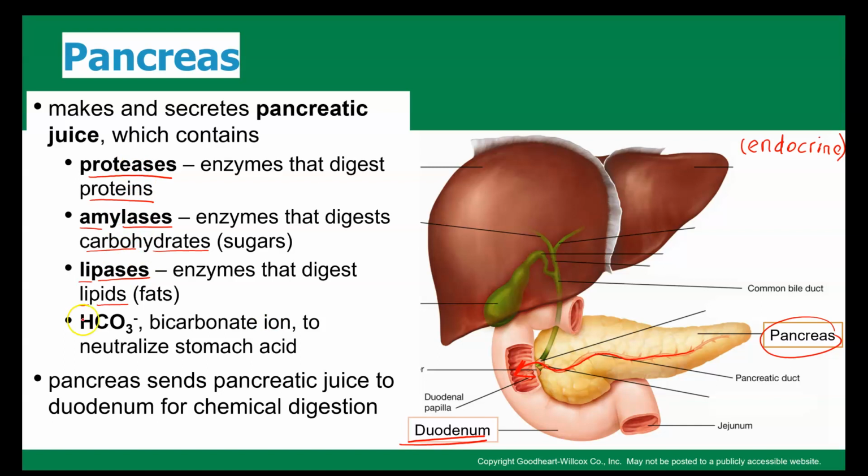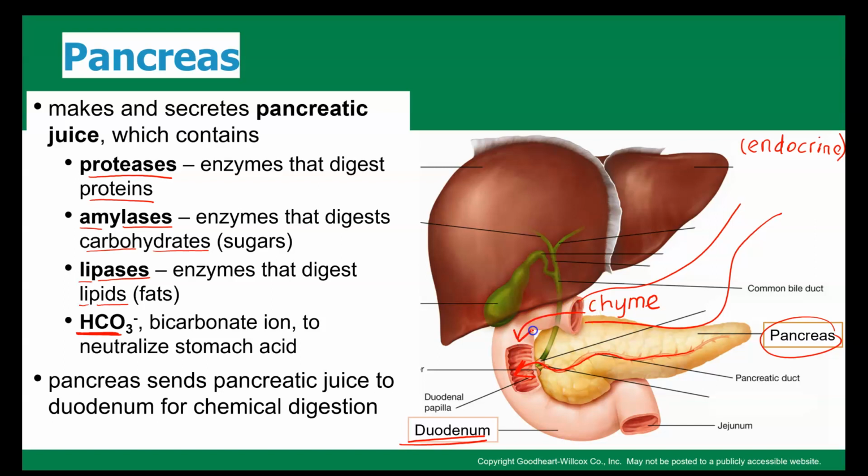In addition to the enzymes, the pancreatic juice also contains this guy, bicarbonate ion, and bicarbonate ion is important to neutralize the stomach acid. So remember that as we come out of the stomach, we are chyme, right? And that's a mixture of food and acid. So that has a really, really low pH. It's very acidic.